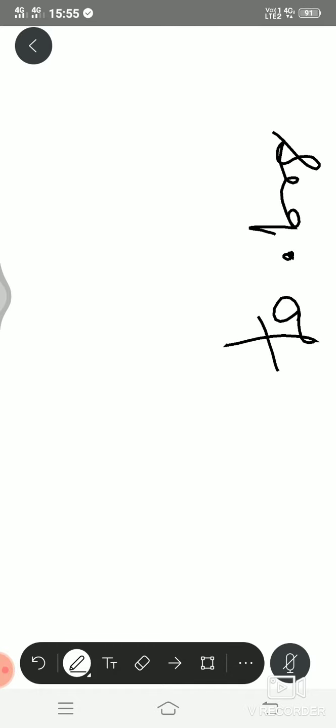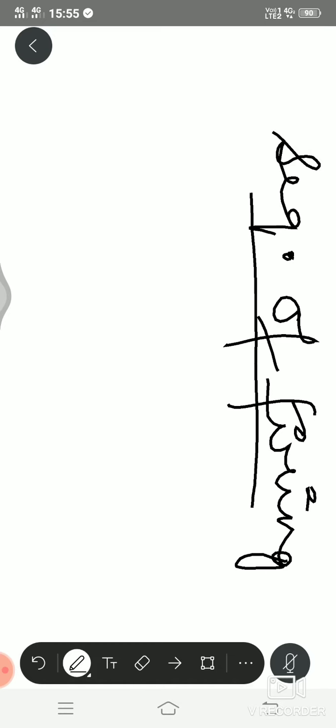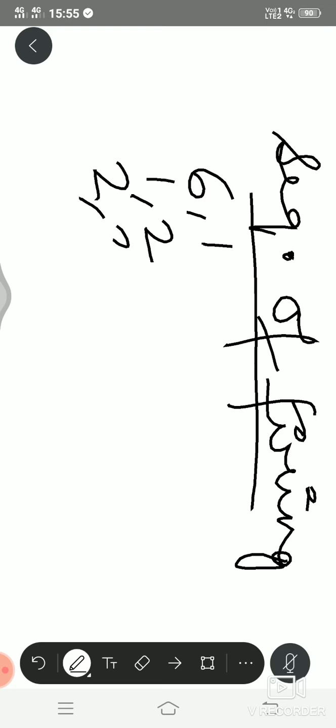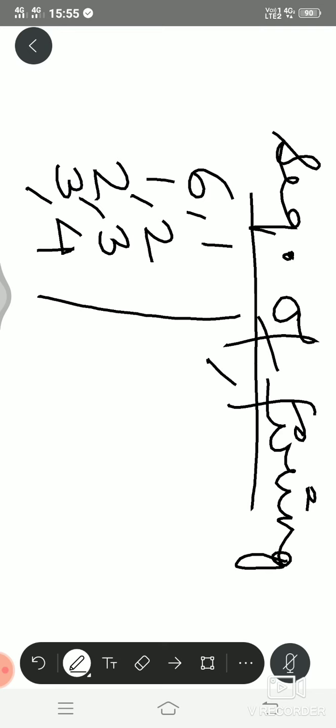Okay, now sequence of firing. Now what is the sequence of firing? Sequence of firing in this case is 6 1, 1 2, 2 3, 3 4, 4 5, 5 6.